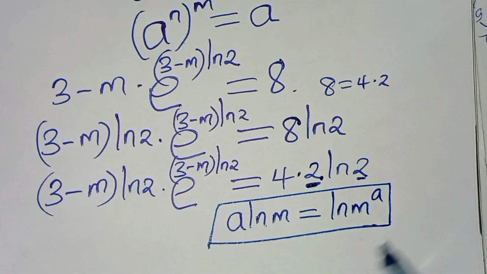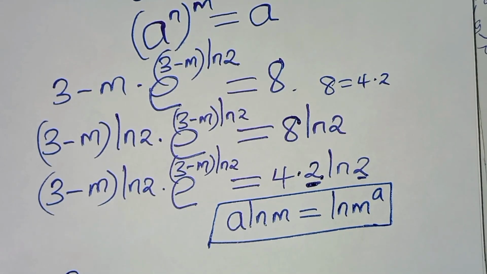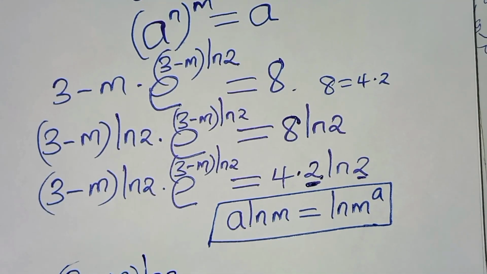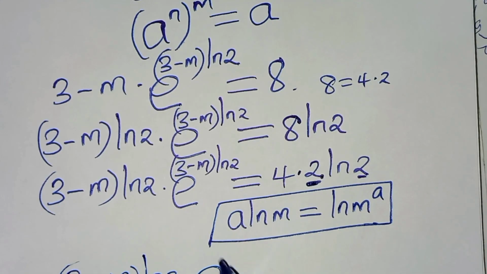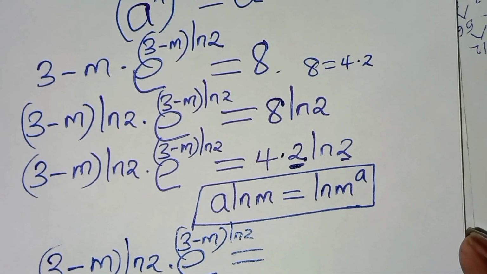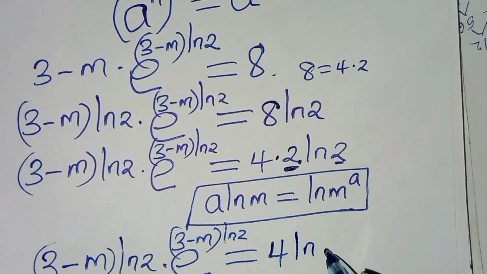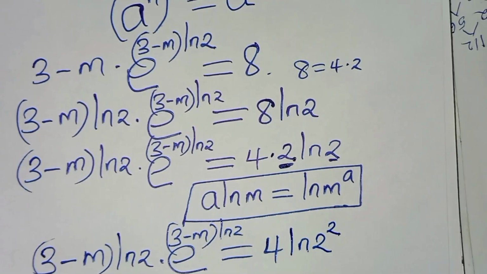So applying this property, on the left hand side we'll have 3 minus m natural log of 2 multiplying by e to the power of 3 minus m natural log of 2. This is equal to 4 multiplying by natural log of 2 to the power 2.